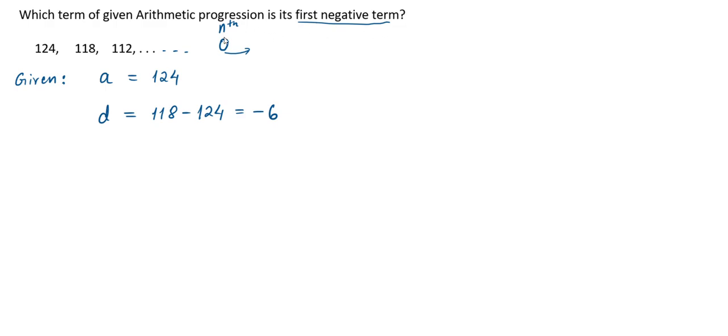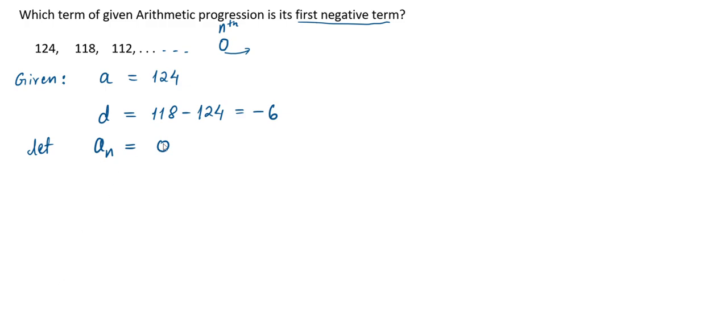If we get n as a decimal or a fraction, it could happen because we are not sure 0 is one of the terms in this series or not, but we know that this series will definitely cross the 0 mark somewhere. So after crossing the 0, the next term, whichever it is, is going to be the first negative term. So let the nth term be 0.